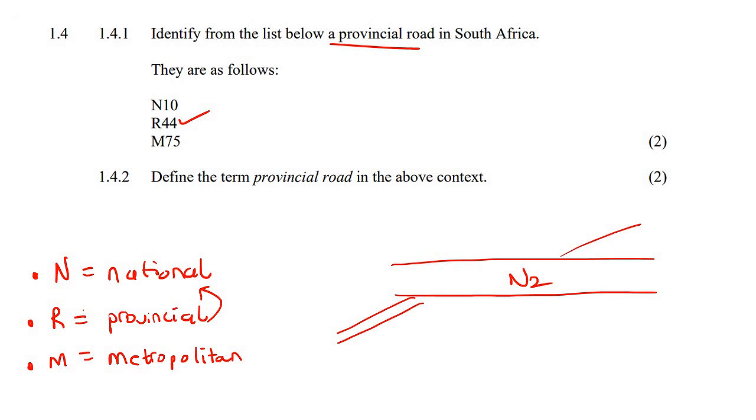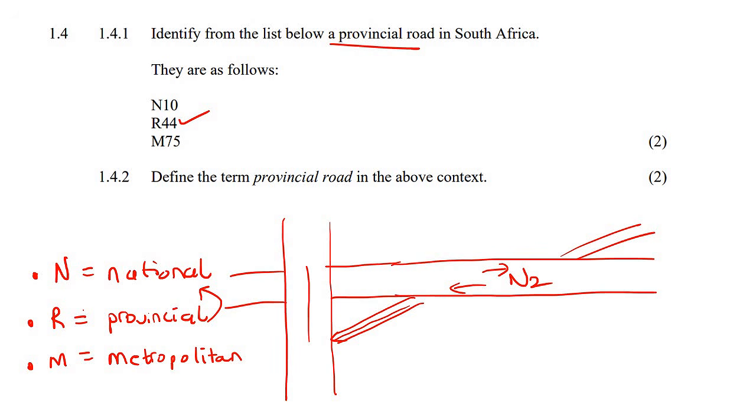So these cars are going this way, these cars are going this way. Now they go on the off ramp, and then they get to, for example, a bridge. So this might be a bridge. And this road here going this way and this way could be a provincial road, like an R44. So what I'm trying to say is that if you keep driving along a provincial road, you can eventually take an off-ramp and you can feed onto a national road. Okay?